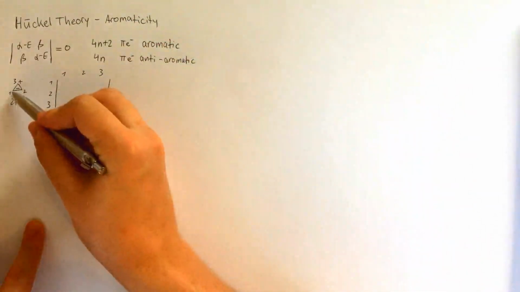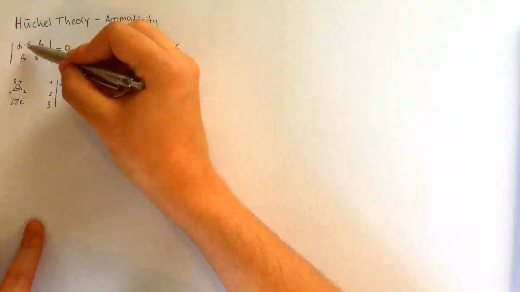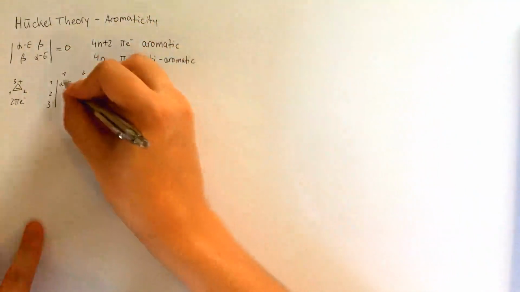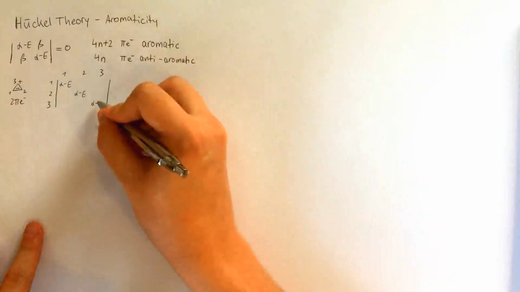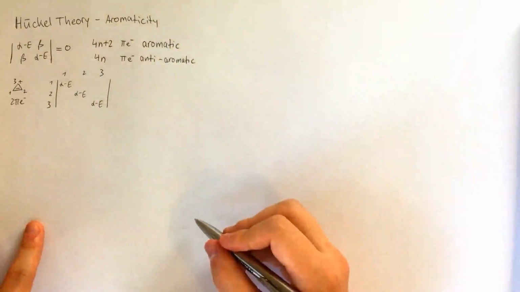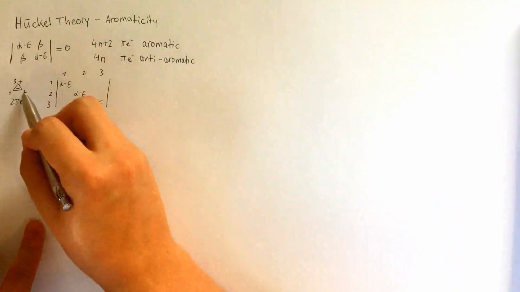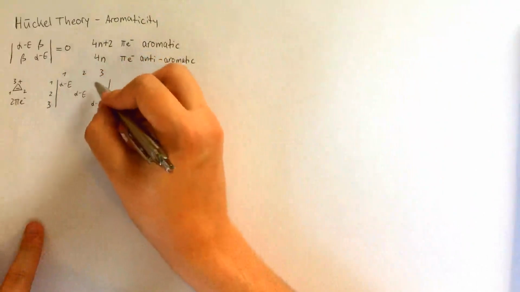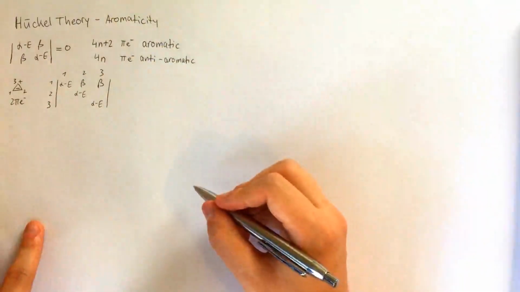Carbon 1 is bonded to itself, so as we learned in the last video, we put an alpha minus E, and this is the same for each of the diagonal elements. And now we have to see carbon 1 is bonded to carbon 2 and carbon 3, so both of these get a beta.